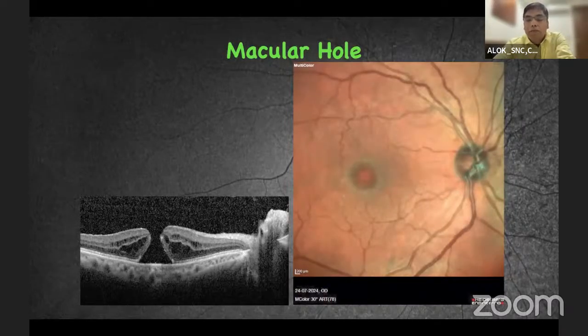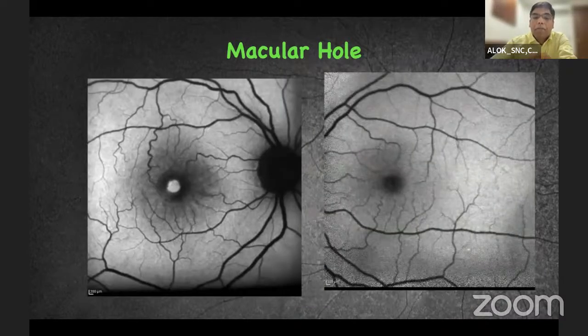Now, in cases of macular hole, the fundus autofluorescence can help you to differentiate a true hole from a pseudohole. We all know that the central part of the fovea in fundus autofluorescence is dark, while in presence of macular hole, because there are no pigments, there is transmission hyperautofluorescence at the center.